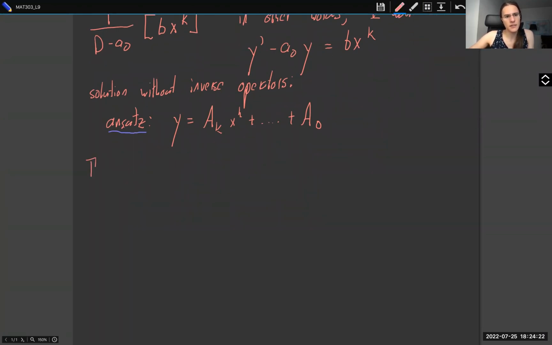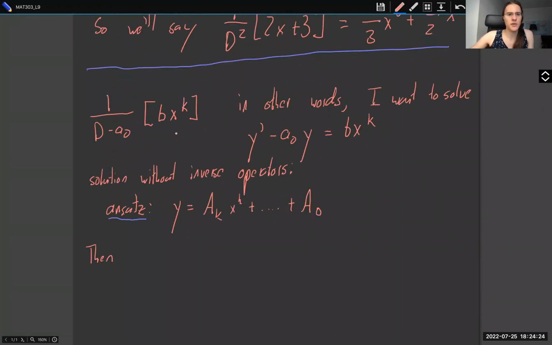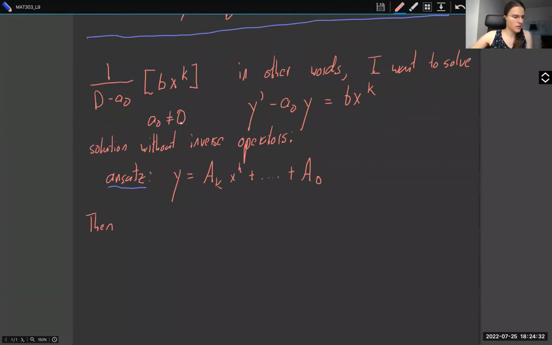Then, and by the way, a naught is not equal to 0, what's going to happen is that if we differentiate y, we're going to get k a sub k x to the k minus 1, plus let's say k minus 1, a sub k minus 1, x to the k minus 2, all the way down to, well, a naught disappears, so we get a1.